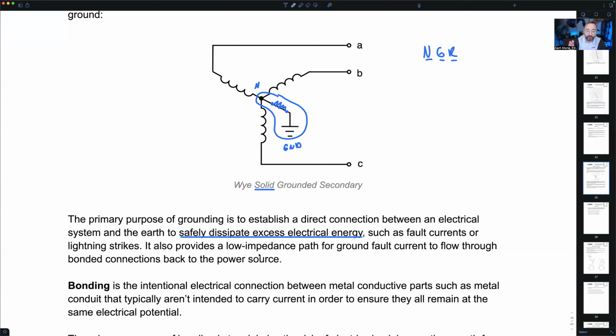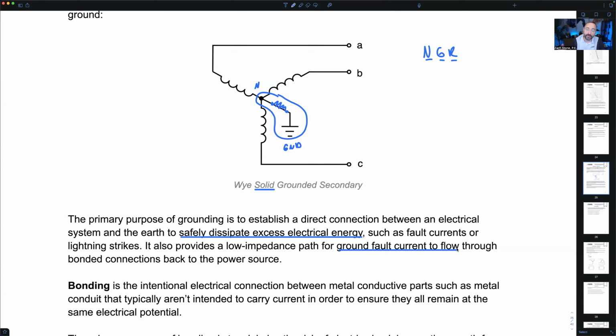I need to provide a path to ground for ground fault current to flow through the bonded connections that we're going to talk about here. Now I can stick a current transformer on that connection from ground back to our source, connect a CT on that connection, and connect that to a relay. Now I can monitor, measure, and detect the presence of any ground fault current.